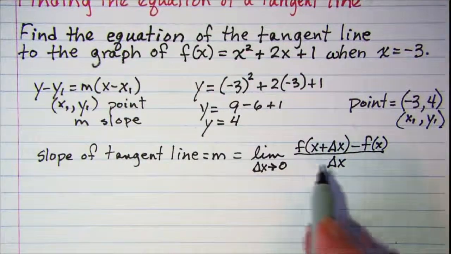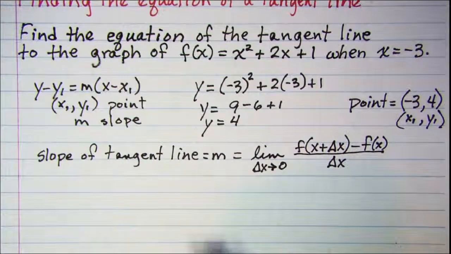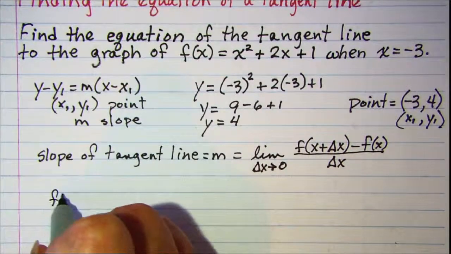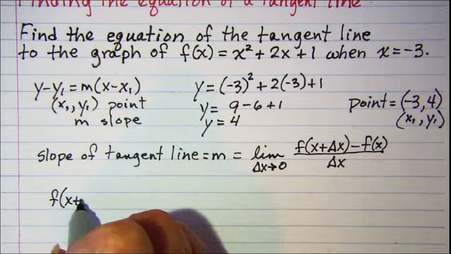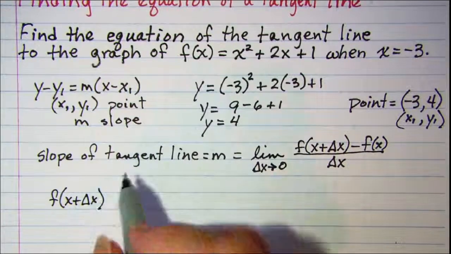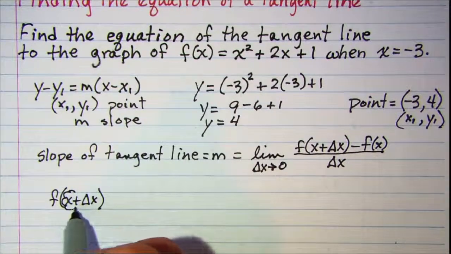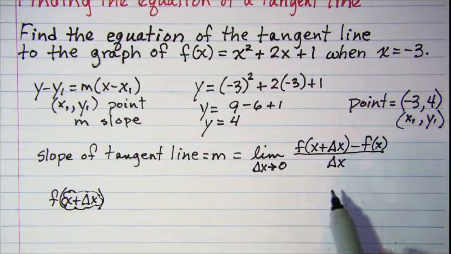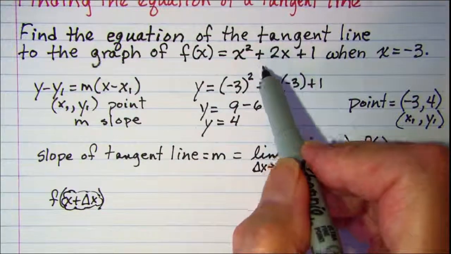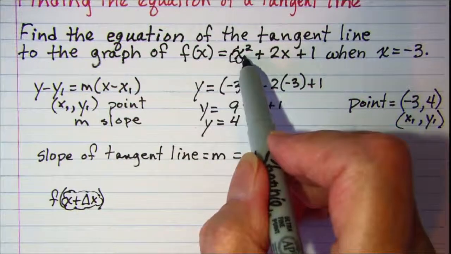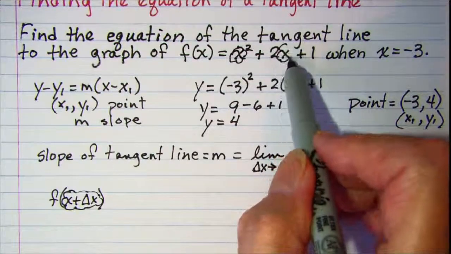So first let's find f of x plus delta x. We're going to sub in x plus delta x into our function every time we see an x. So here and here.